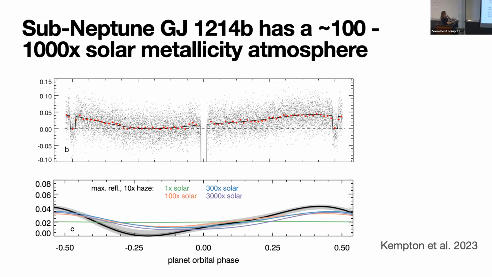The models are not a perfect fit to the data, but the more metals you put in, the better your fit becomes. That points towards GJ1214b being even more enriched in water than the ice giants of the solar system, so pointing towards more of a water world atmospheric composition than even a Neptune.